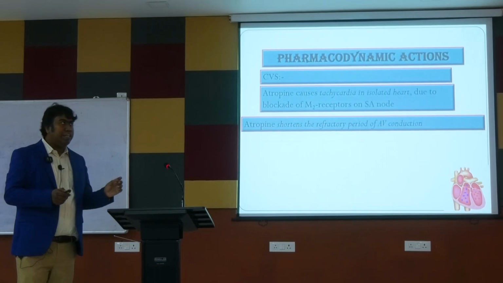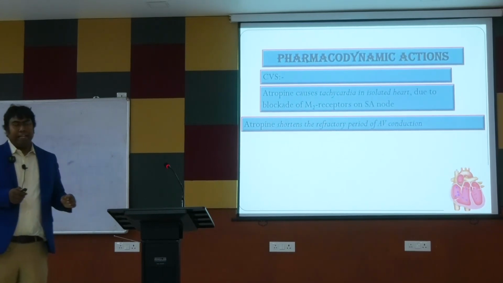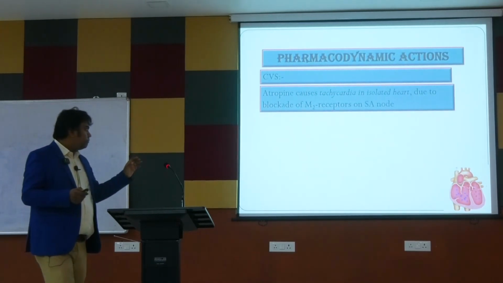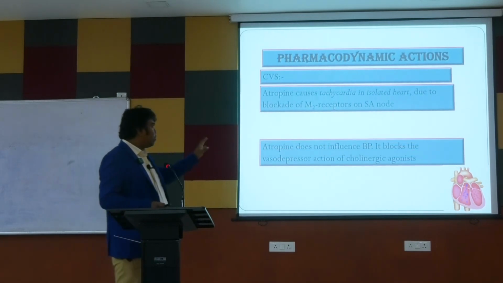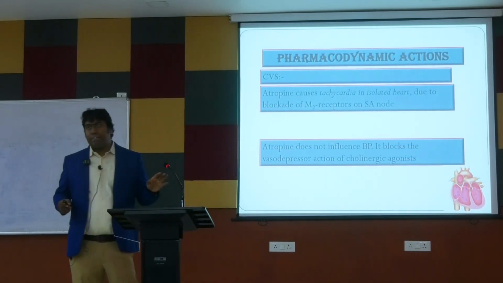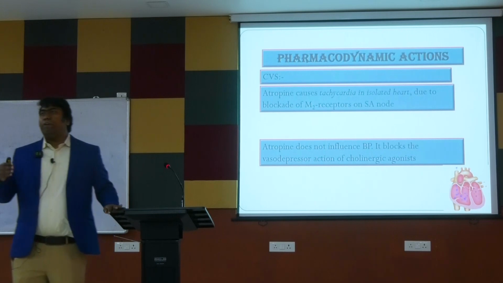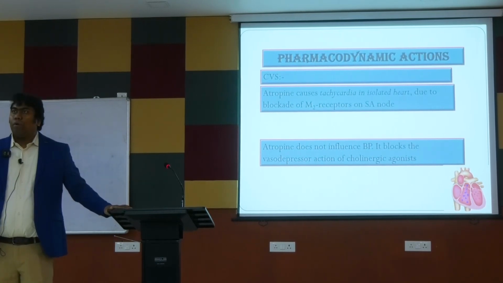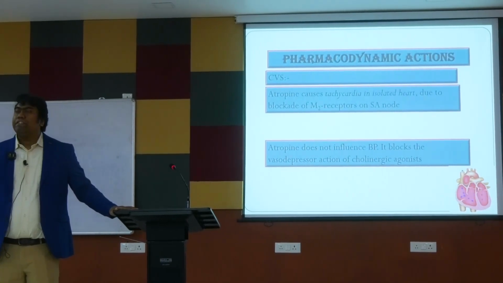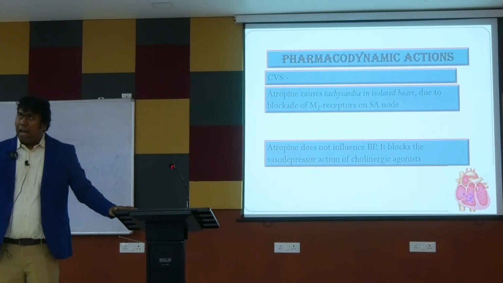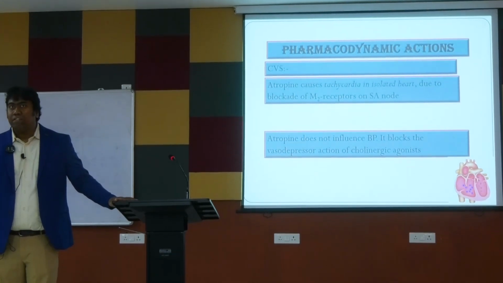AV conduction shortening leads to tachycardia. Atropine does not influence the blood pressure. Dopamine, dobutamine, or beta agonists or alpha agonists influence the blood pressure as well as heart rate. But for atropine, it is only the heart rate. The action is on the heart, not the peripheral vessels.